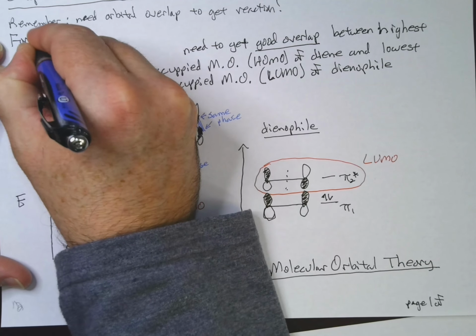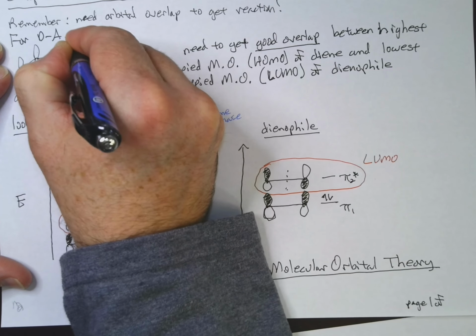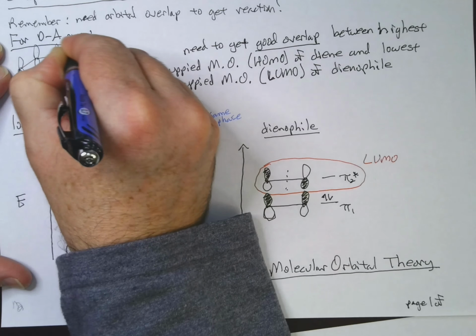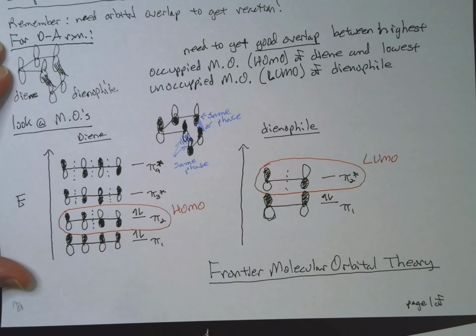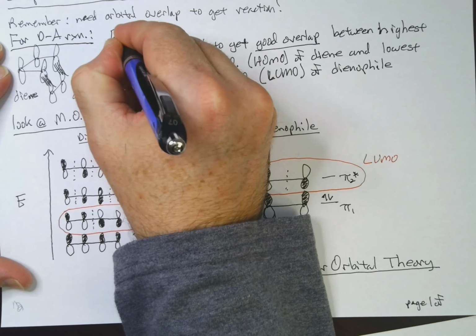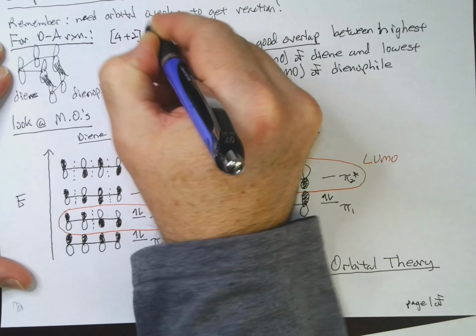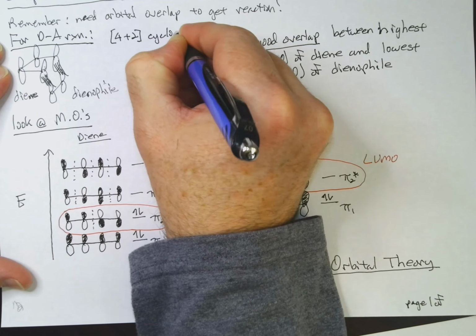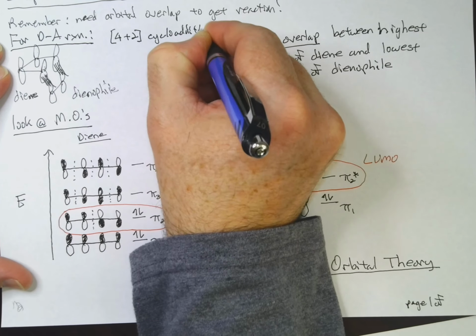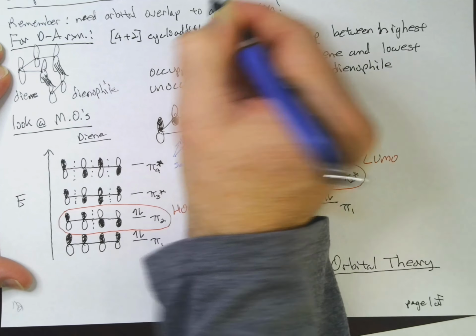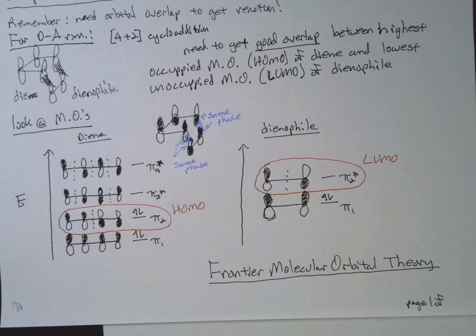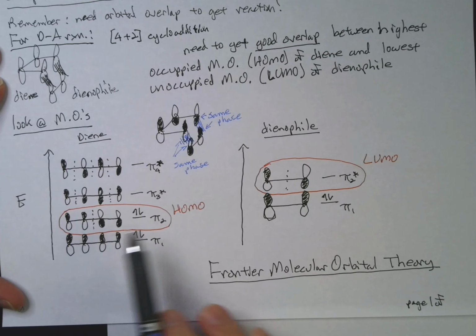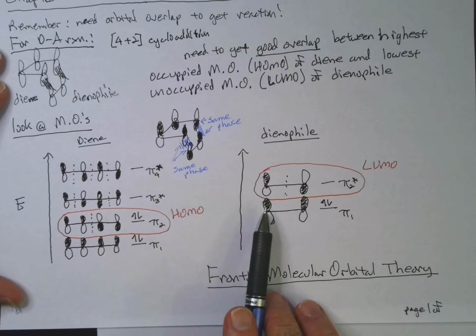So we'll say for DA reaction, the Diels-Alder reaction is an example of a 4+2 cycloaddition. I think I mentioned that when I introduced the Diels-Alder reaction. But that means we have 4 pi electrons on one component and 2 in the other.